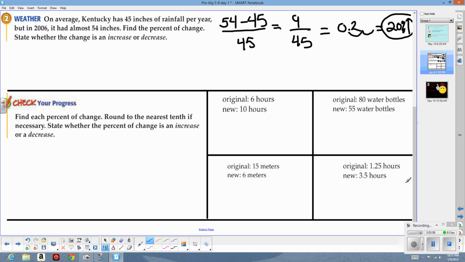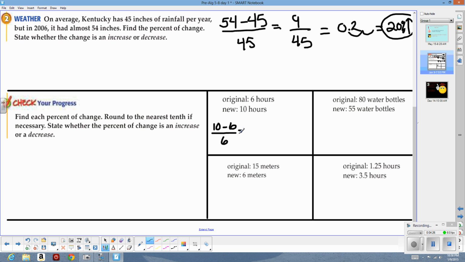You may want to pause the video and try these last 4 on your own, and then play it again to check your work. It says find each percent of change, round to the nearest tenth if necessary. State whether the percent of change is an increase or decrease. So I'm going to just take the old and new amounts and subtract them to find the amount of change. We're always going to put it over the original amount, or the beginning amount, which was 6.